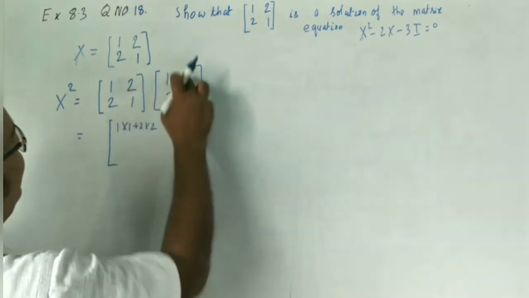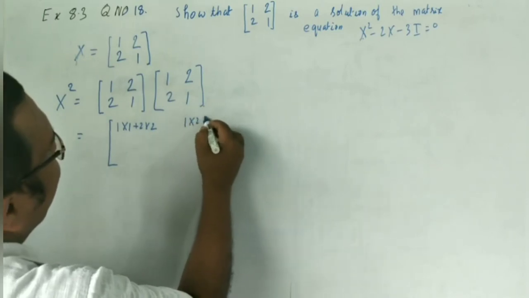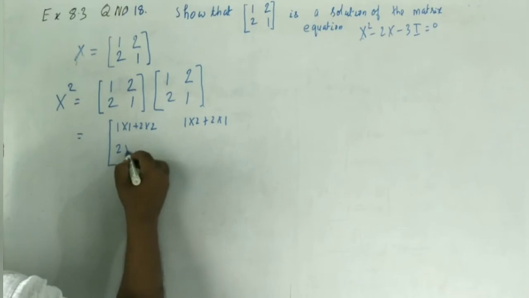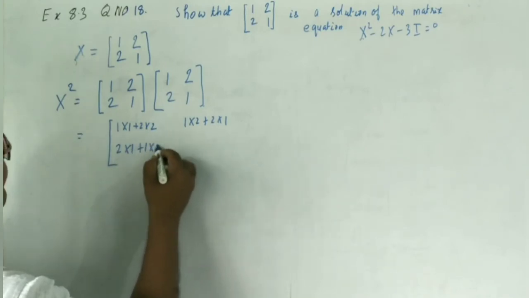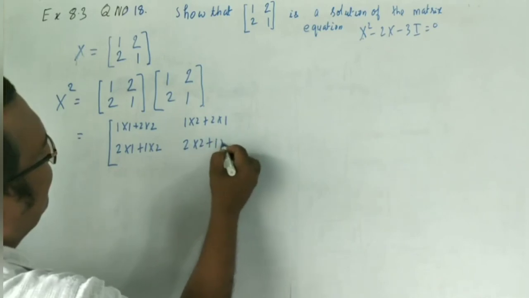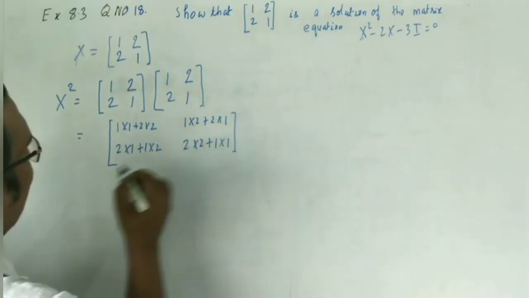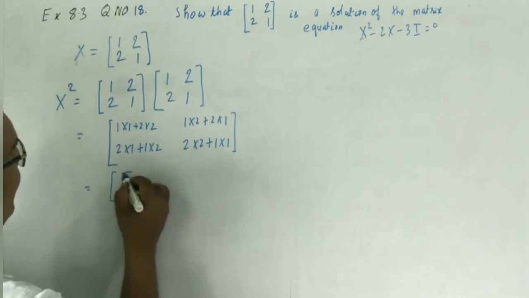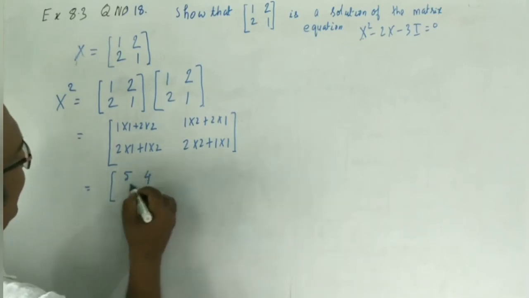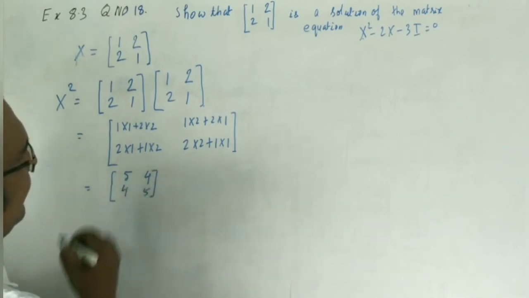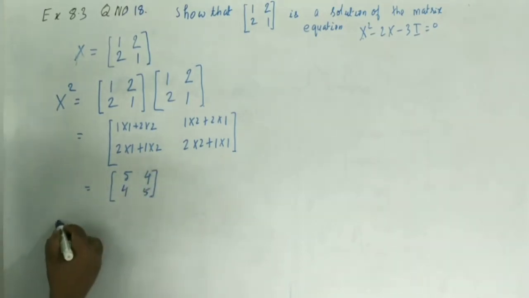Here, first row, second column. Second row, first column. And second row, second column. 5, 4. Next we will find 2X.